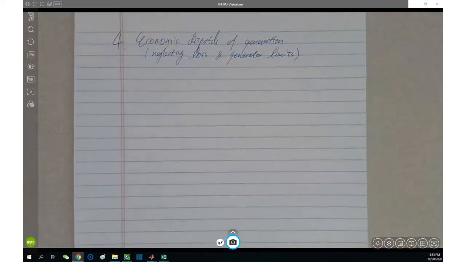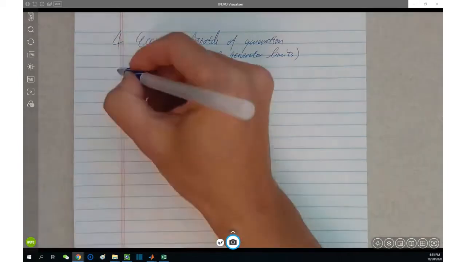Now we finally go back to the power system class. We jump from the Math 341 back to our ECE 341. First of all, you need to understand what we are talking about.